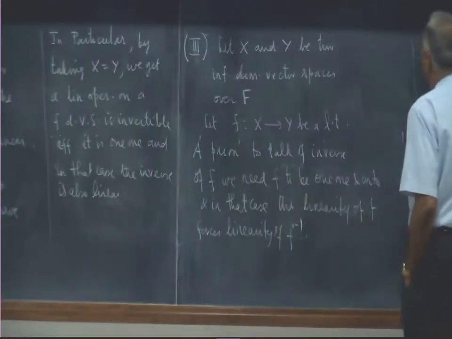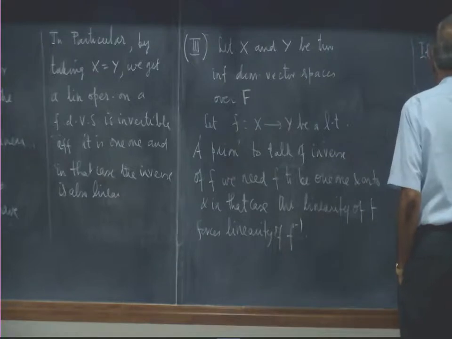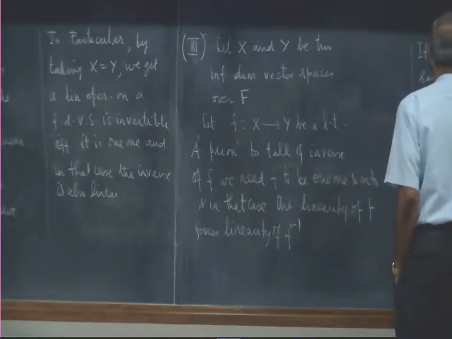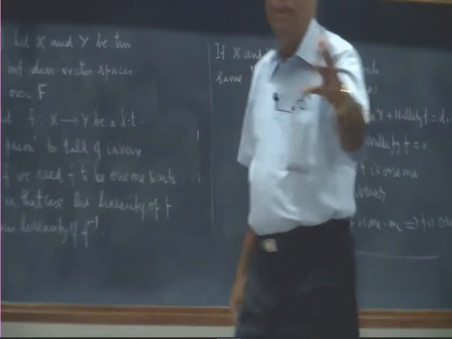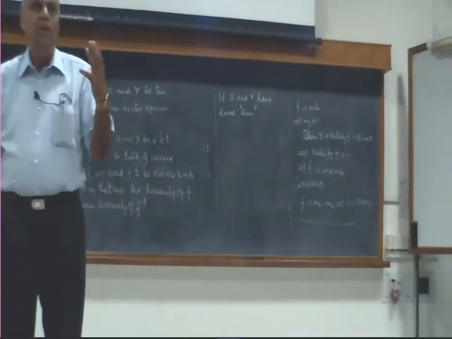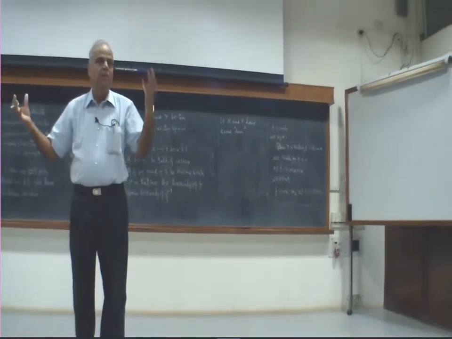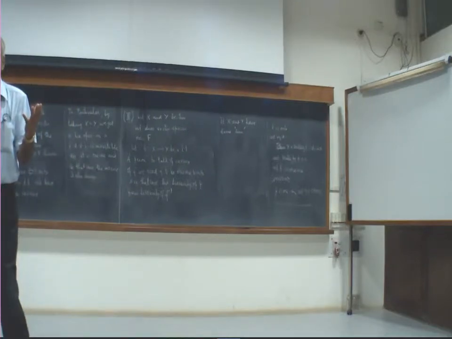So if x and y have the same dimension, what do you mean by same dimension now? That is, you have a basis for x, you have a basis for y. Suppose both are finite dimensional, when do we say they have the same dimension? This basis must have the same number of vectors as that basis.